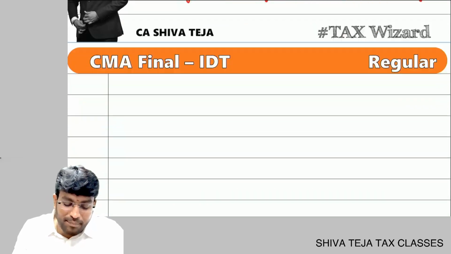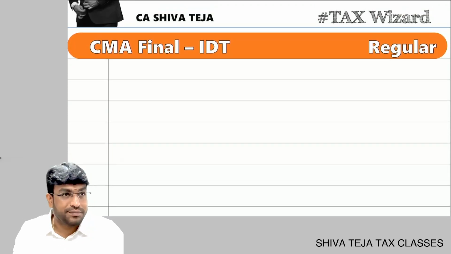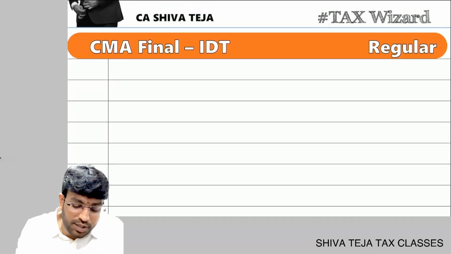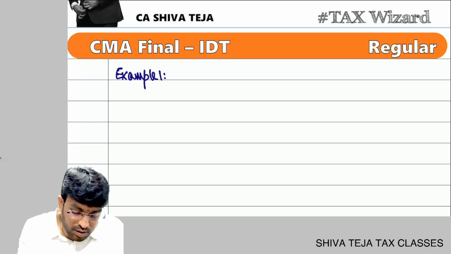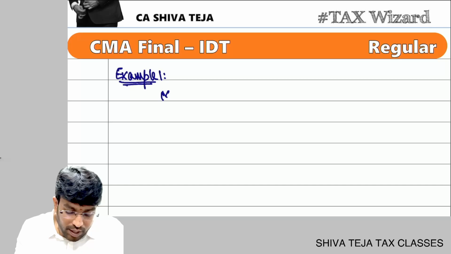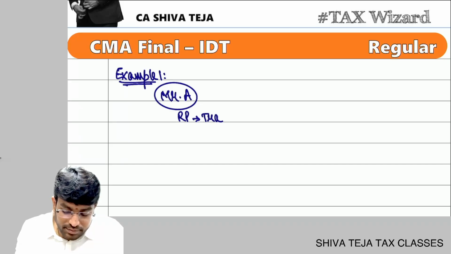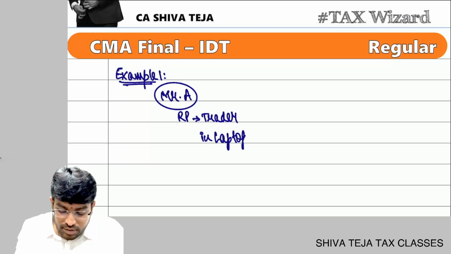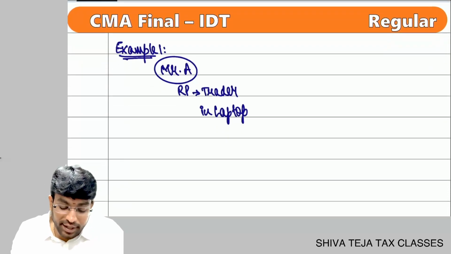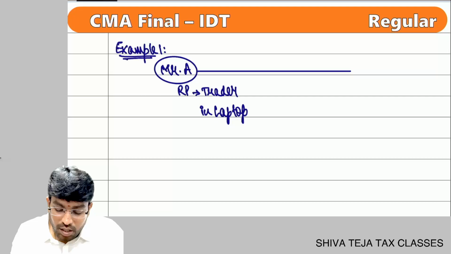Now let's take some examples to get complete clarity on this. Please concentrate. Example 1. Mr. A is a registered person who is a trader in laptops.